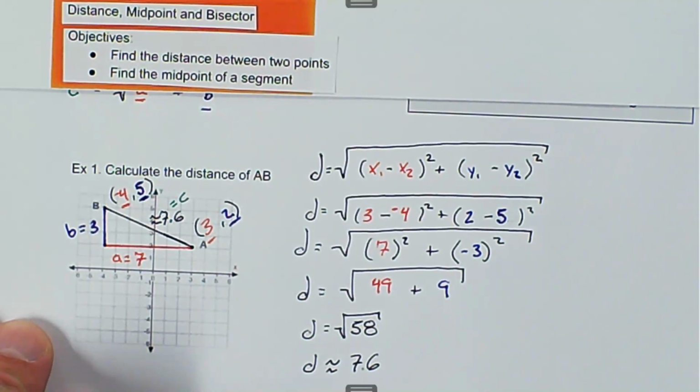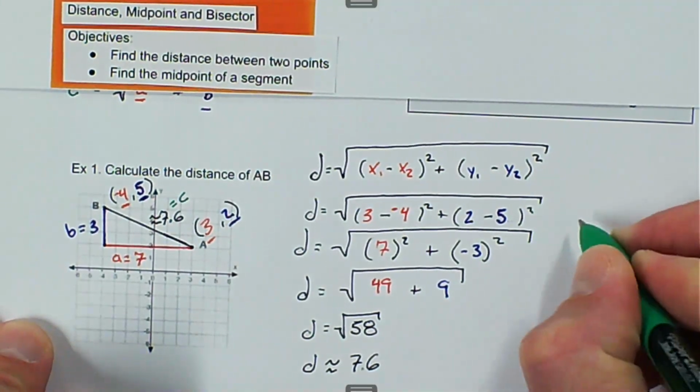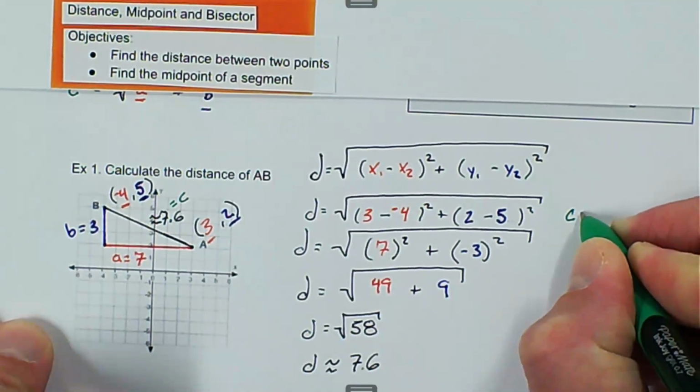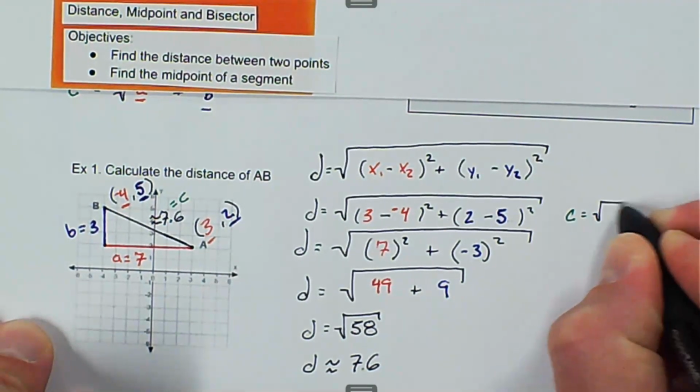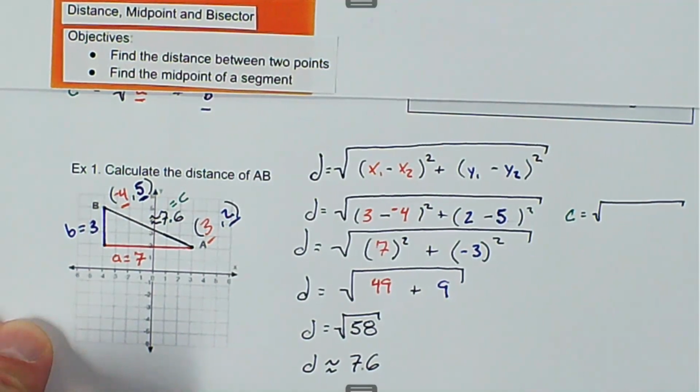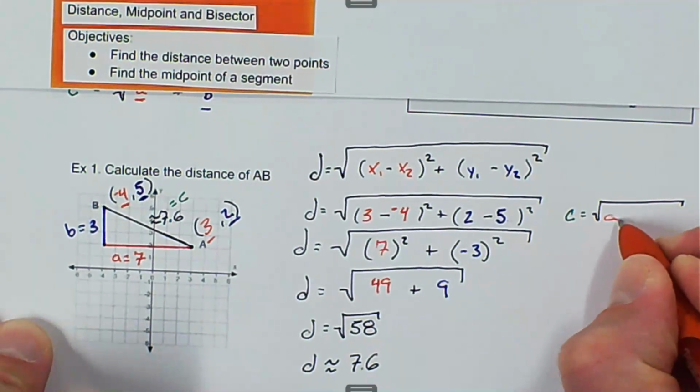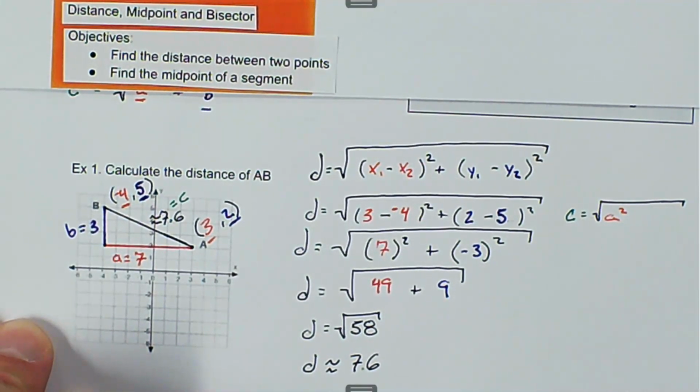So we could set it up one of two ways. Pythagorean theorem is going to be c is equal to the square root of a squared plus b squared.